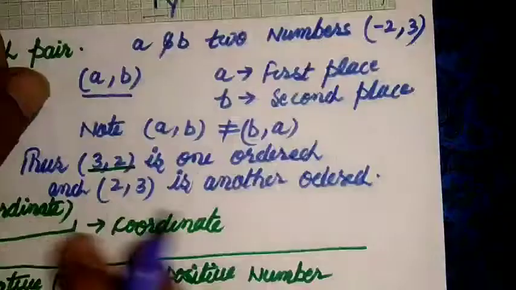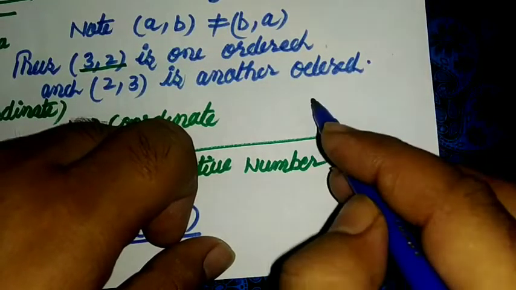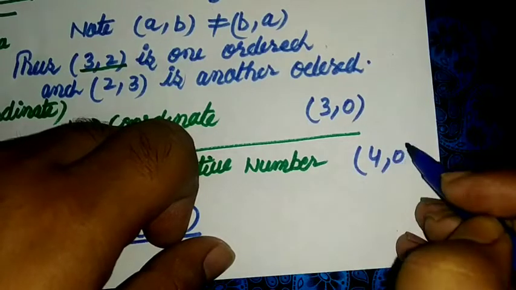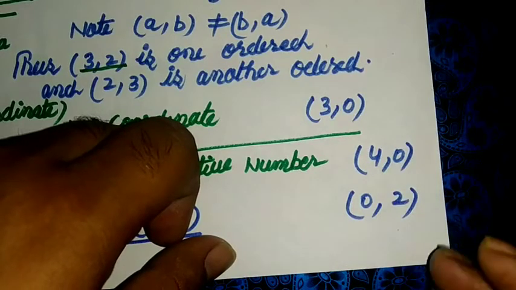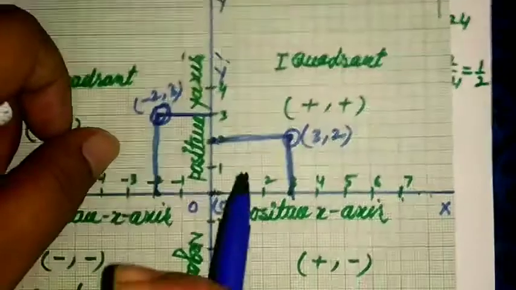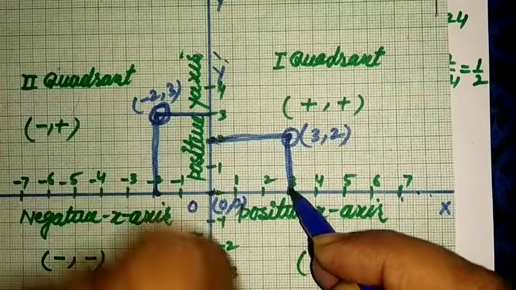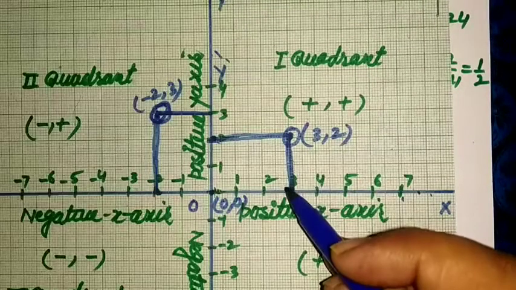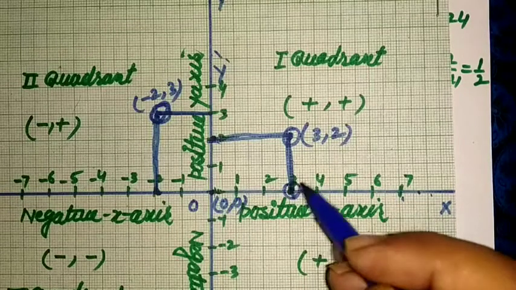How can we locate the points 3, 0 and 4, 0 on the number line and 0, 2 on the number line? So let's see here. First we will talk about 3, 0. So x is 3 here and y is 0. So we cannot go upward because with 0 we cannot go anywhere.